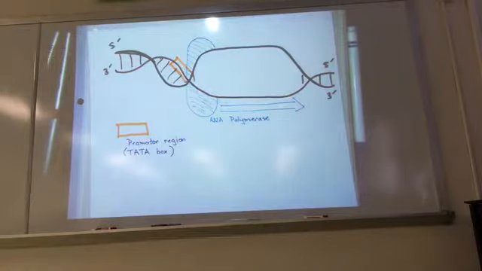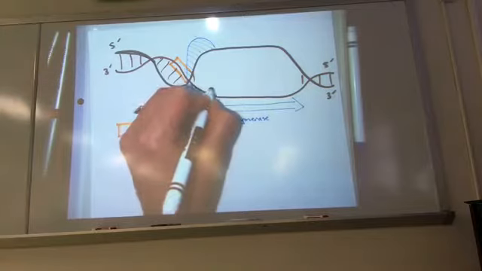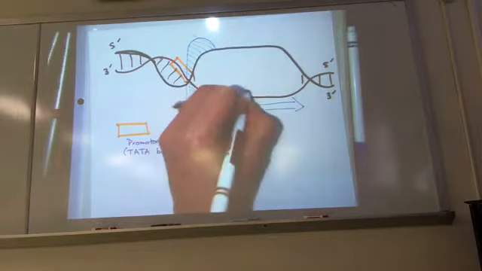So let's put some nucleotides in the middle of the open region of our DNA. Basically, in the open region, I'm going to put about 6 nucleotides that we're going to be transcribing here. So 1, 2, 3, 4, 5, 6.